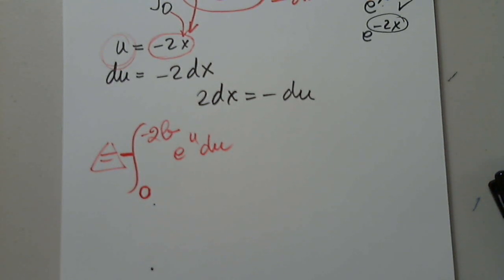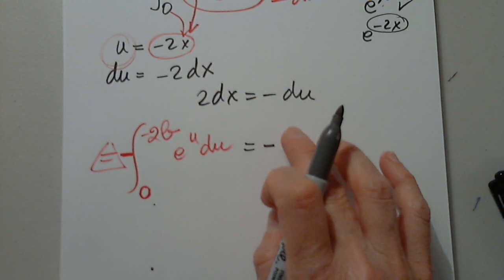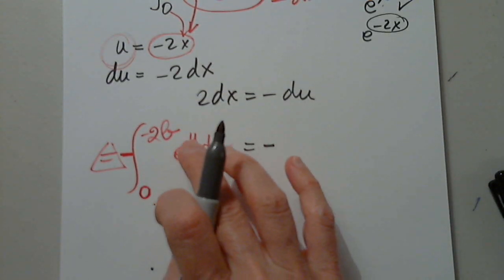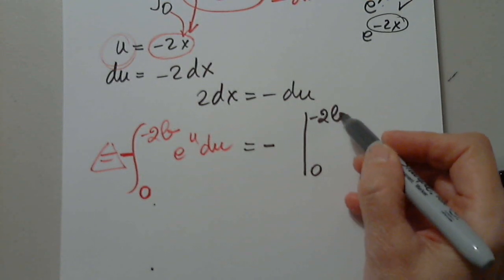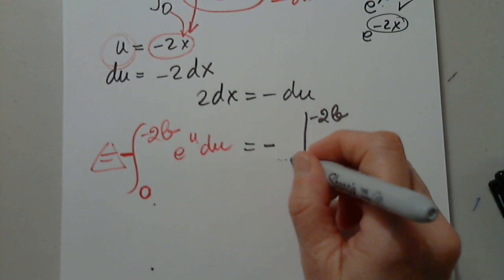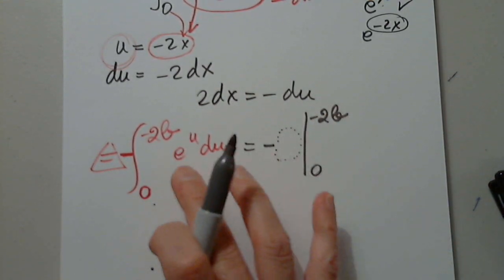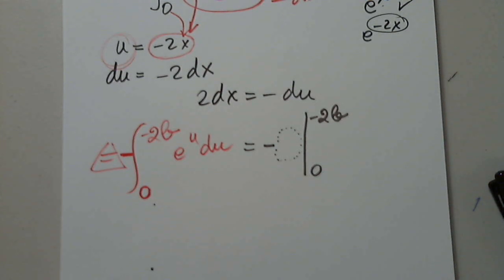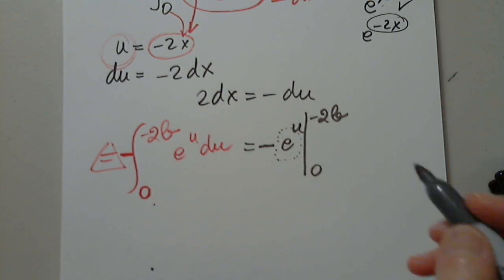Perfect. Now, I have negative outside, and I want to determine which function prime is e to u. I need a function here that I differentiate to get e to u. E to u. Exactly.